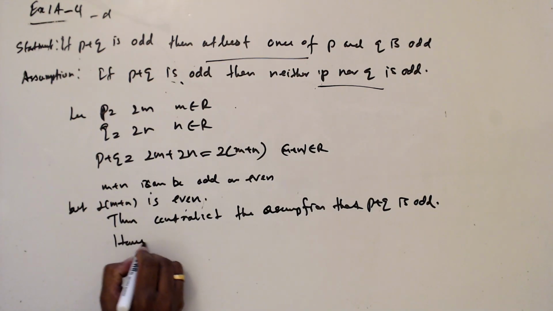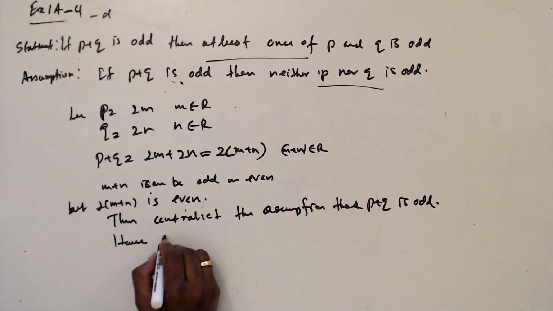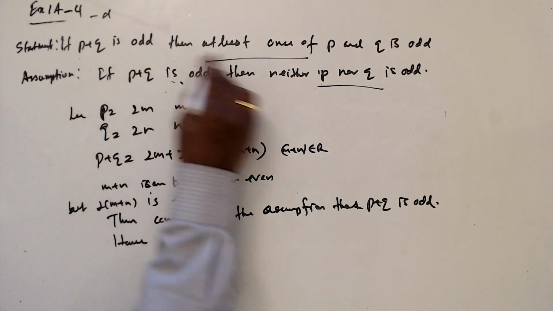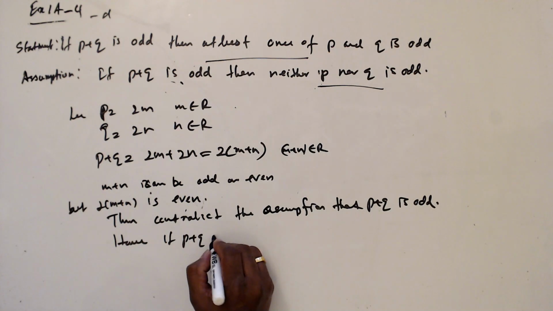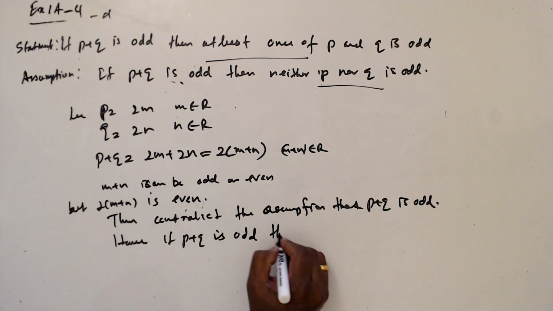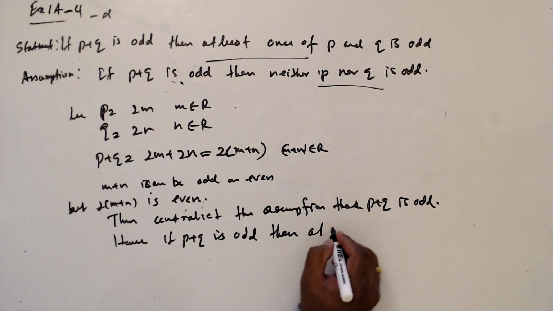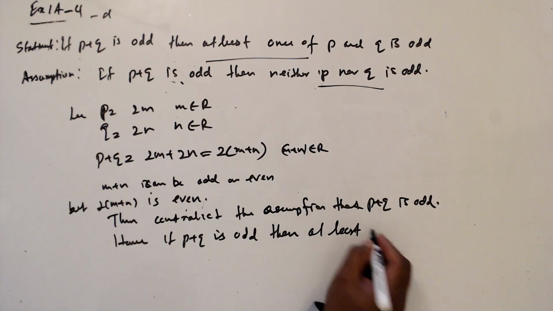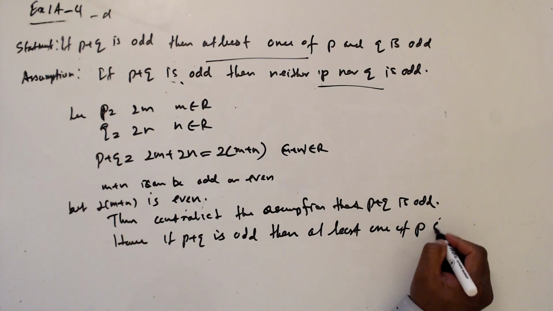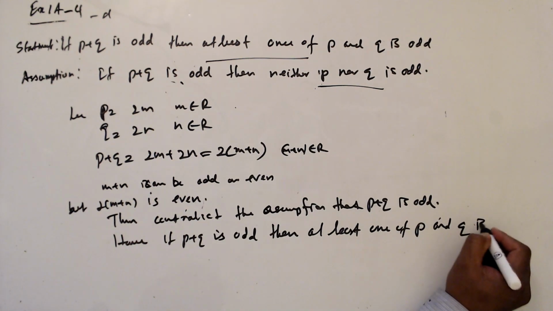Hence, if P plus Q is odd, then at least one of P and Q is odd.